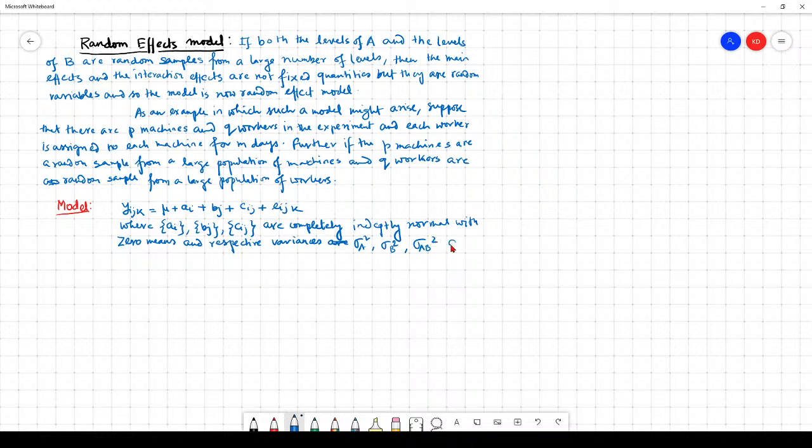And also eijk follow iid normal 0, sigma e square. I denote this model by omega.